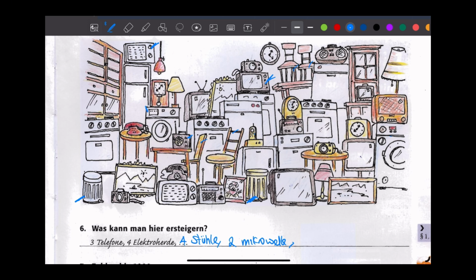So let's say zwei Waschmaschine. Was noch? A lot of other stuff. Okay, you can look for other stuff here. We have radio, we have telephone, we have Schrank, we have Fernseher und so weiter.